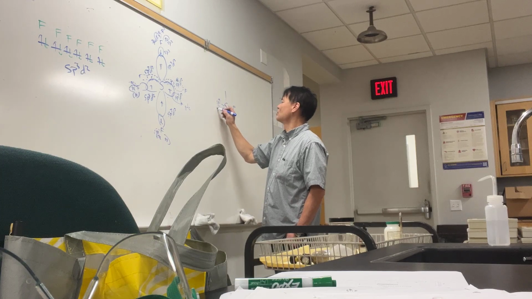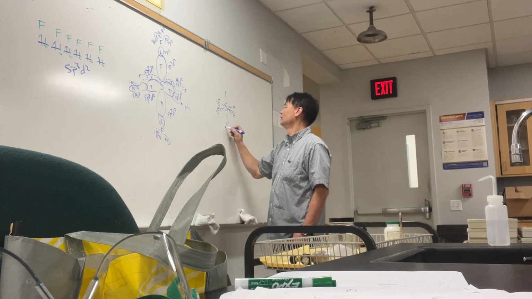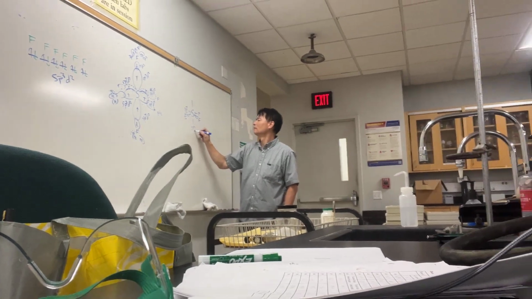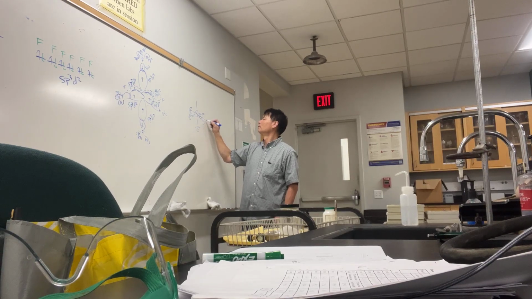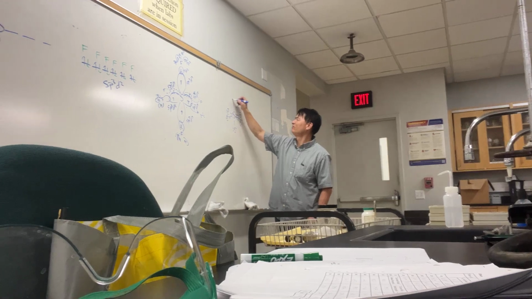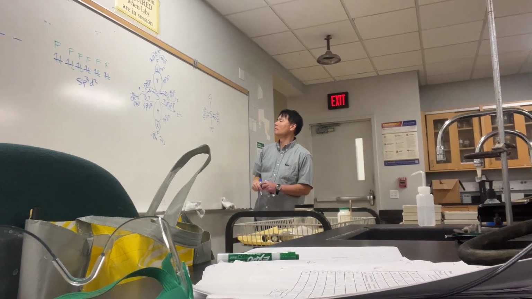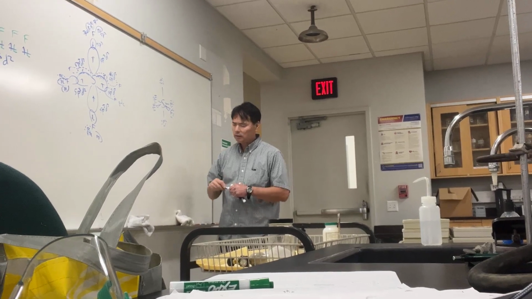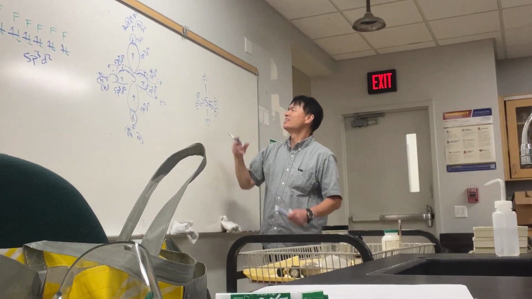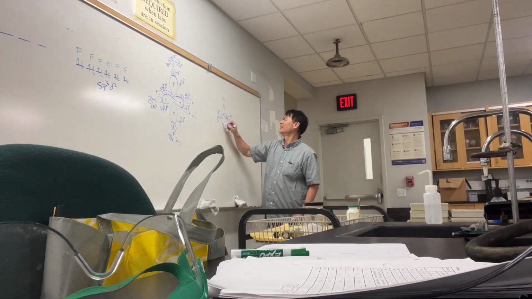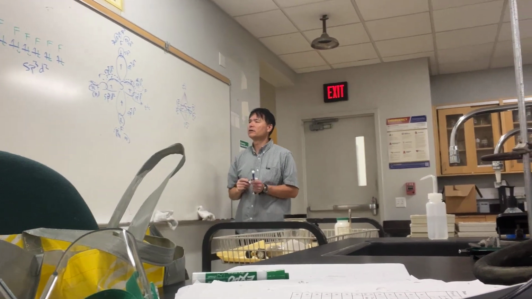This is called octahedral because if we connect all the fluorines with a line, it forms an octahedron, an 8-sided polygon. So it's octahedral because of this polygon that's formed.